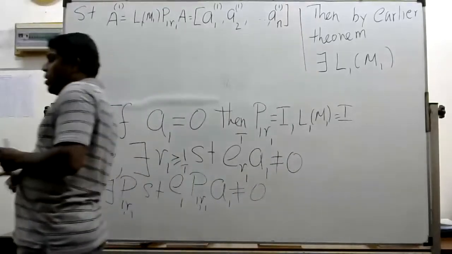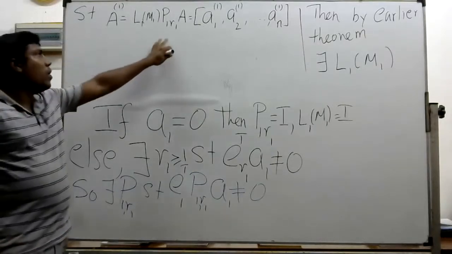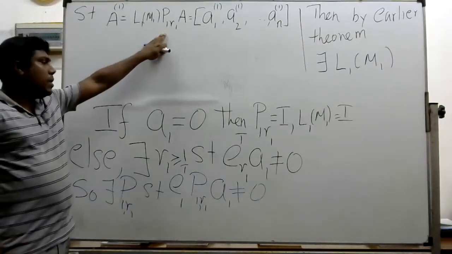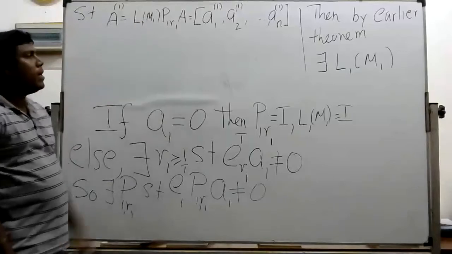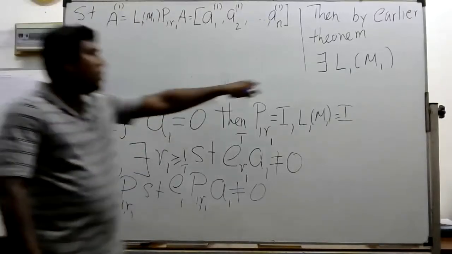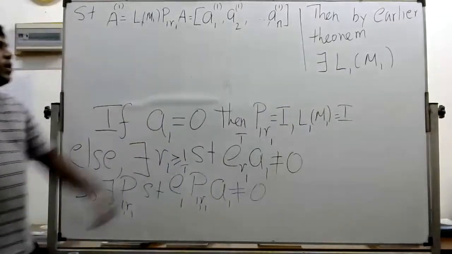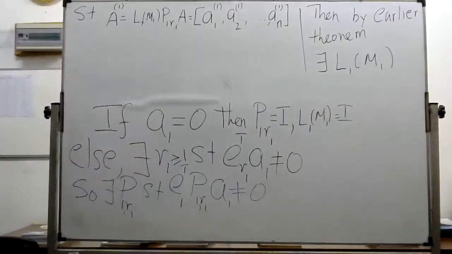So you have the new matrix when you multiply A by the elementary permutation matrix first and then the elementary lower triangular matrix. The construction of the elementary lower triangular matrix I am skipping here because I did that already in my previous theorem. So it is the same mechanism.